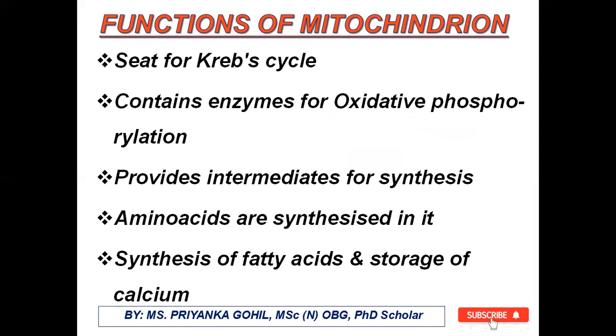Now, amino acids like glutamate are synthesized in it from alpha ketoglutarate and oxaloacetate. Many fatty acids are synthesized in the matrix, and calcium can be stored in the mitochondria, and it can also be released whenever it is required for the cell function.